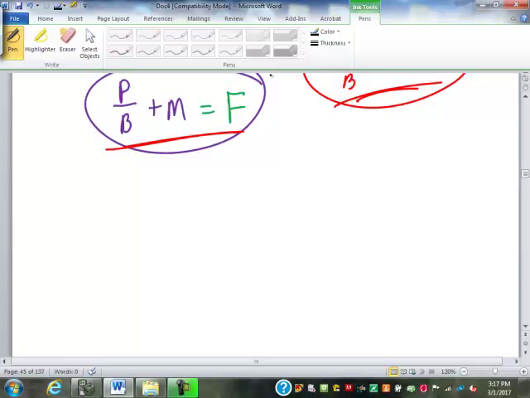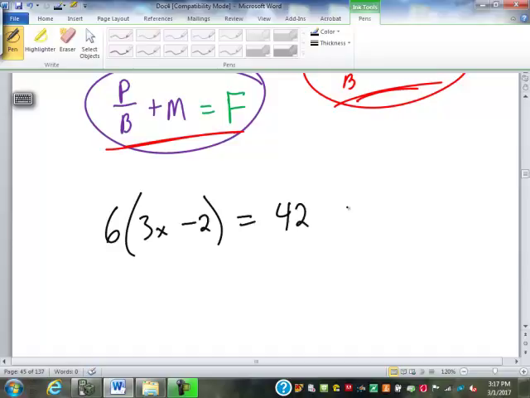Like if we have 6 times 3x minus 2 is 42. Rather than distributing the 6 here, I could go ahead and divide the 6. If I divide by 6 on both sides, what I'm left with over here is the parentheses, the 3x minus 2.